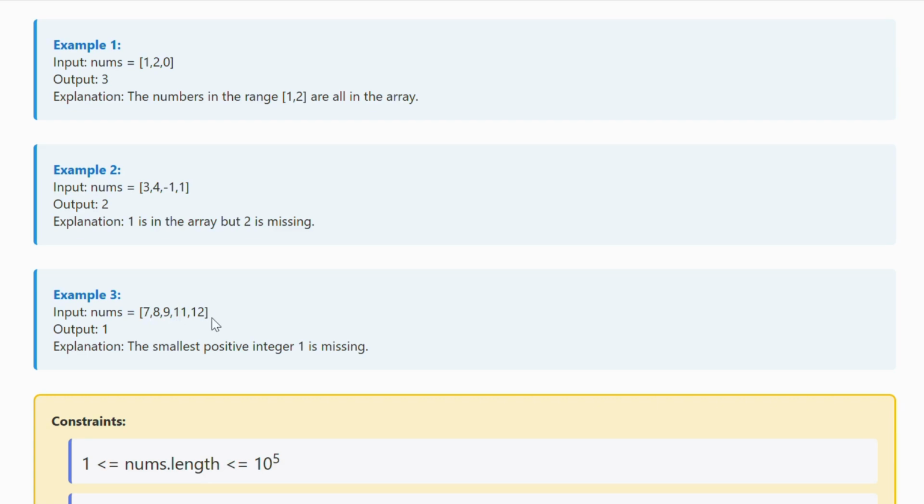And what is the length of this array? 1, 2, 3, 4, 5. So 5 is the length, but all the numbers are greater than that, right? So we don't have to check any number, because the size of the array is 5 and all numbers are greater. That means we find our smallest number at the first position only.